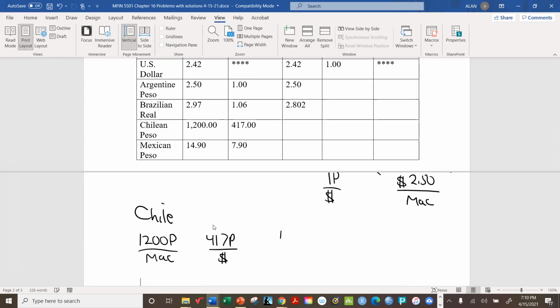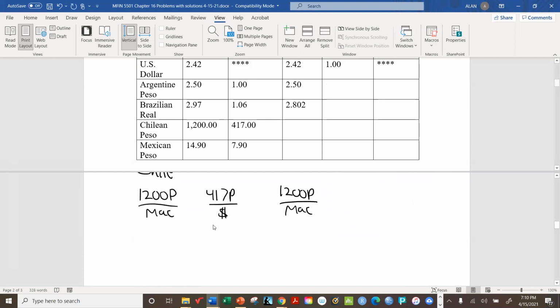So the ratio of those two is equal to 1,200 pesos per Mac times $1 per 417 pesos.